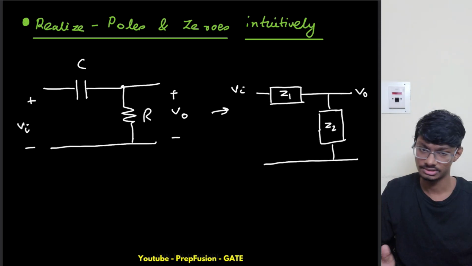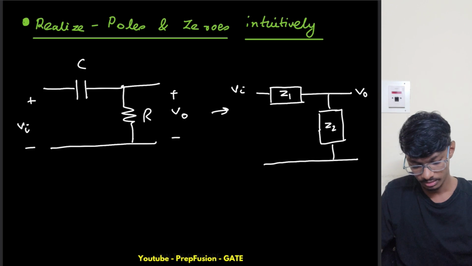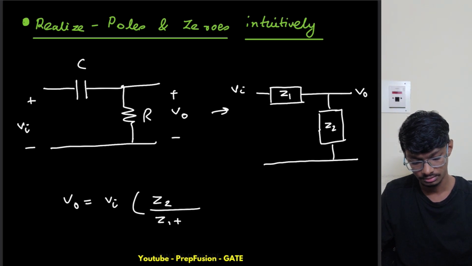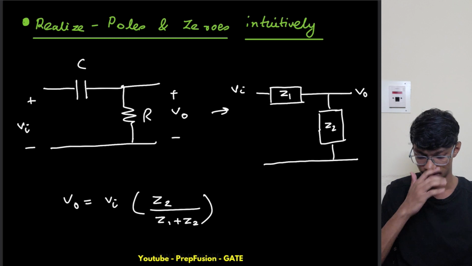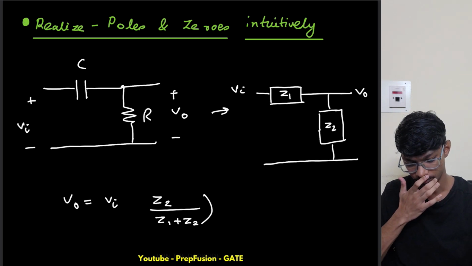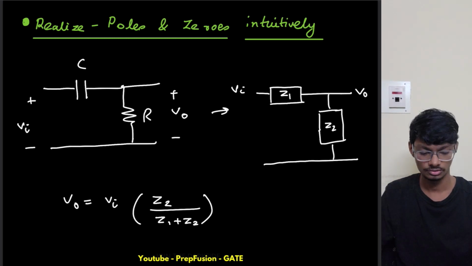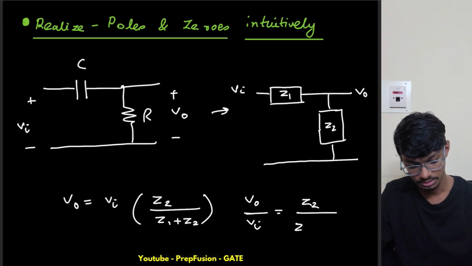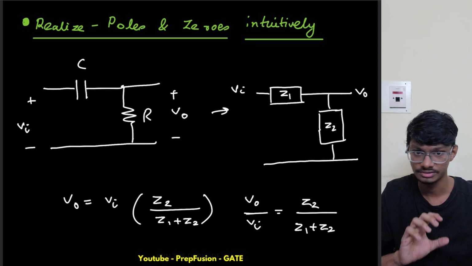Okay, so this is just a voltage divider circuit. So our Vo will be Vi times Z2 divided by Z1 plus Z2. So Vo over Vi equals Z2 divided by Z1 plus Z2. This is the transfer function.